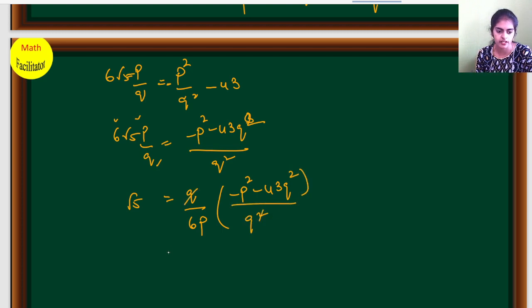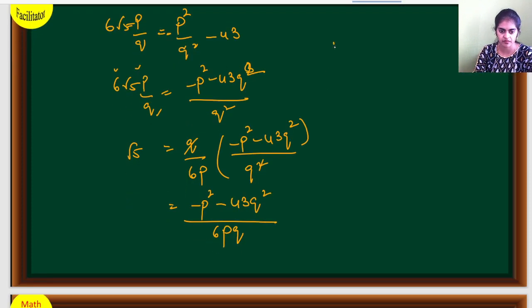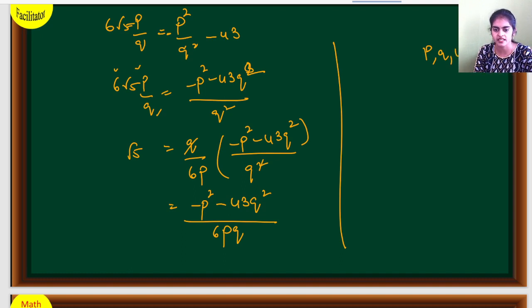Now 1 q and 1 q get cancelled. So final answer is root 5 equals minus p square minus 43 q square whole divided by 6pq. Now here if you observe the RHS, p, q, 43, 6, all of these belong to integers and 6pq is not equal to 0.